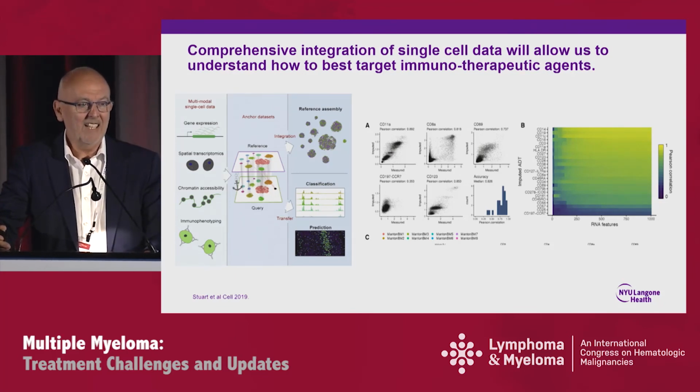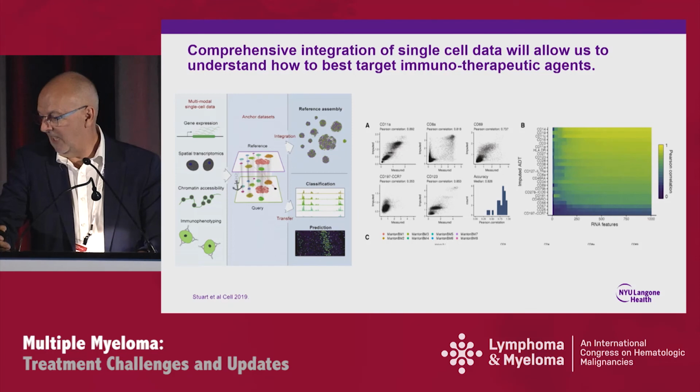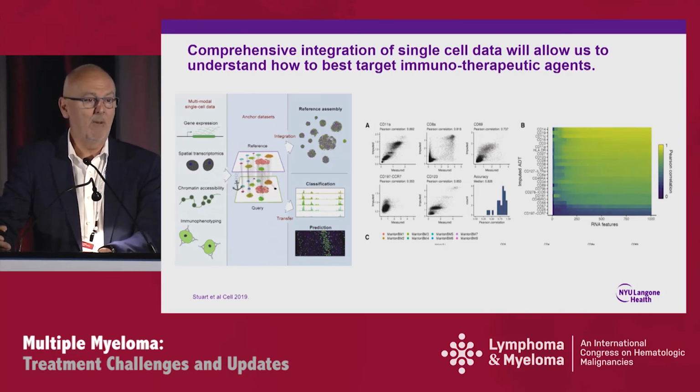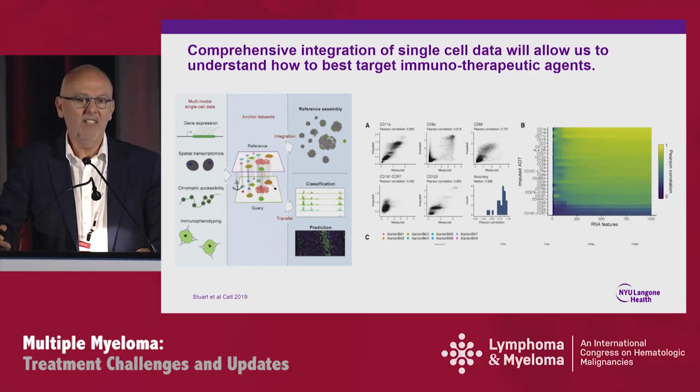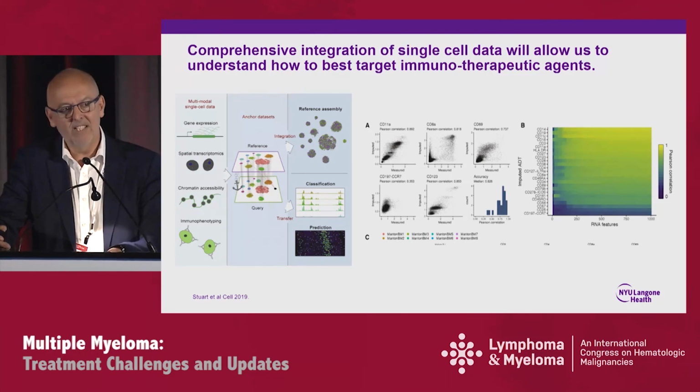Single cell analysis, sequencing the expressed genome within single cells, using that to classify biology is becoming a significant tool in our armamentarium, and maybe we'll adjust the use of immuno-oncology agents based on ways of using deep sequencing to classify the biology of the stromal and immune microenvironment.